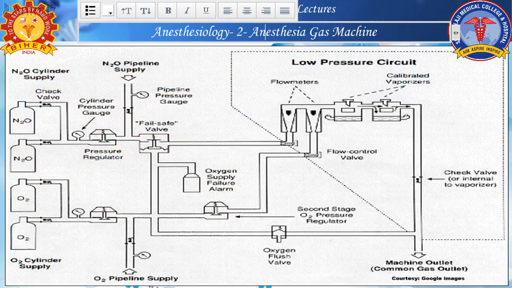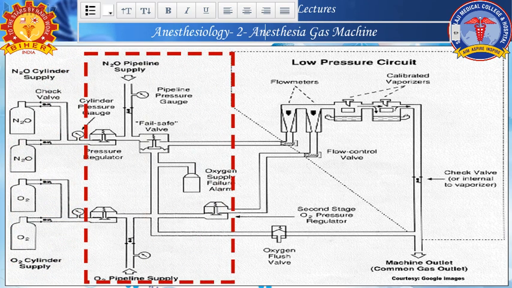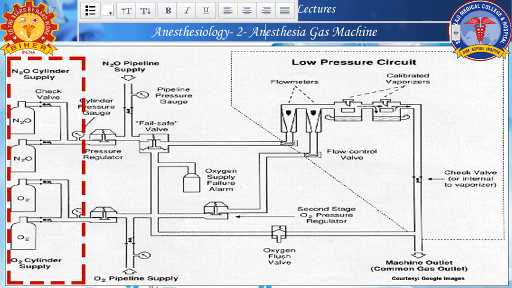Okay, the basics: it contains 3 portions. One is the high pressure, number 2 is intermediate pressure, and 3 is the low pressure. These 3 segments are there. So the high pressure segment means mainly the cylinders, like the oxygen cylinder, say about 2000 psi, and the nitrous oxide cylinder, say about 700 psi.